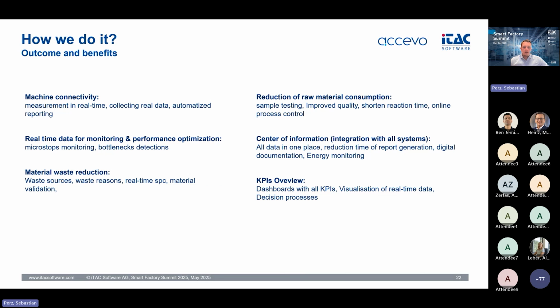We reduce waste material. We reduce raw material consumption because the system gives the operator, and not only the operator, a shorter reaction time. What is very important, because this is the big problem, is that we have all data in one place.